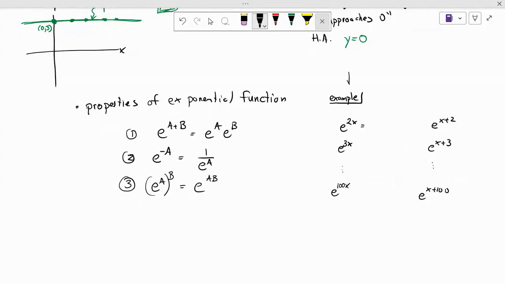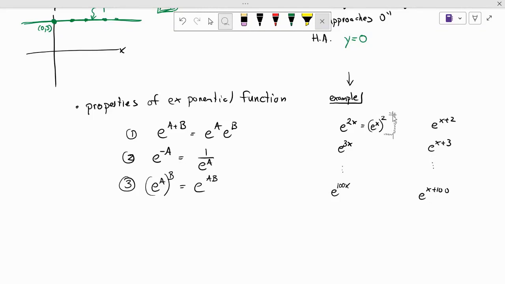So for the first column in this example, we would be using essentially property number 3. So e to the 2x, we're going to sometimes need to rethink as e to the x, whole quantity squared, right? By property 3, you would multiply the exponents here.